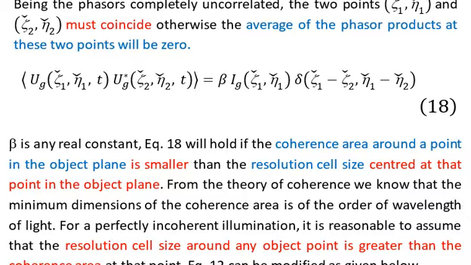On the right hand side we have delta of zeta1 minus zeta2 and eta1 minus eta2. This delta function will exist only when zeta1 is equal to zeta2 and eta1 is equal to eta2.